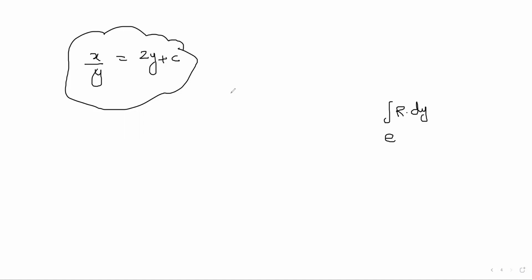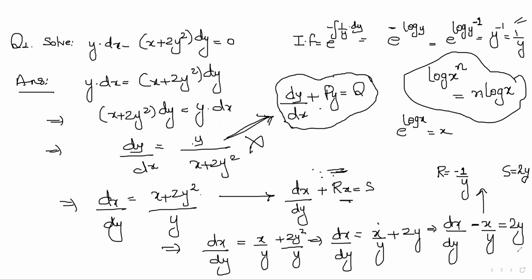Fahd, why are you getting 2? Check here, s is what? S is 2y. Integrating factor is 1 by y, so y will get cancelled out. Please again check the calculation.